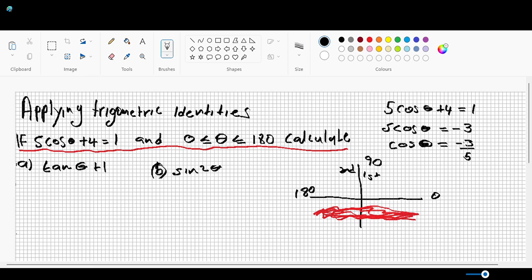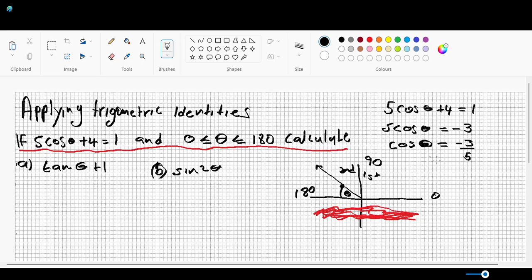Because remember, this is equal to negative 3 over 5. So wherever this is happening, cos is negative. If you know your cos diagram, you know that cos is negative in the second quadrant. So you can draw it from here. This is going to be your theta.